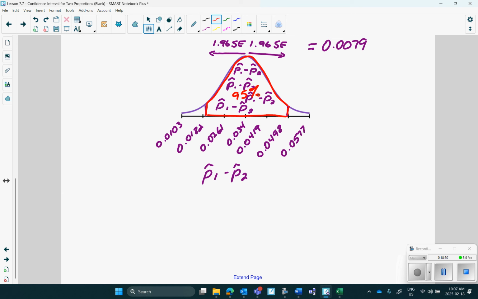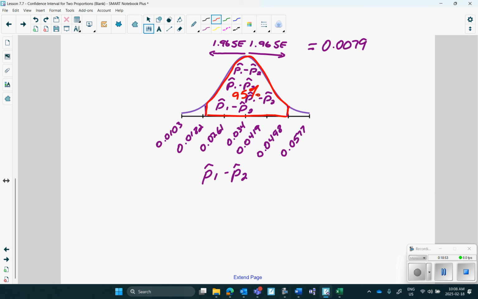It's going to be from just past this notch here, a little bit greater, to just a little bit less than this notch. So just on inspection first, we're going to be about 0.018, a little bit higher, or 0.019 maybe, somewhere around there.